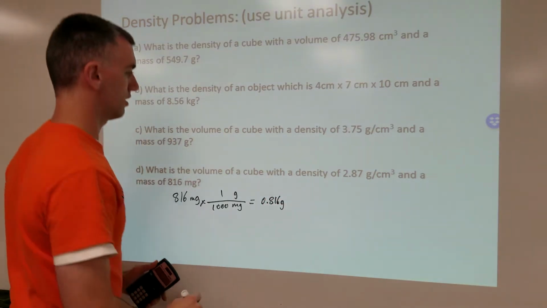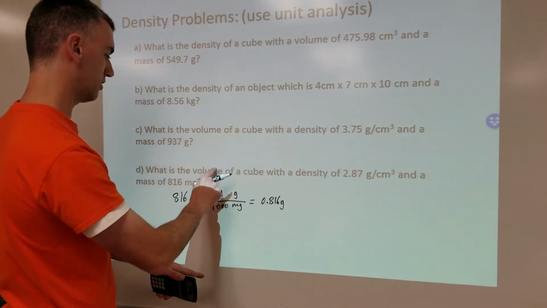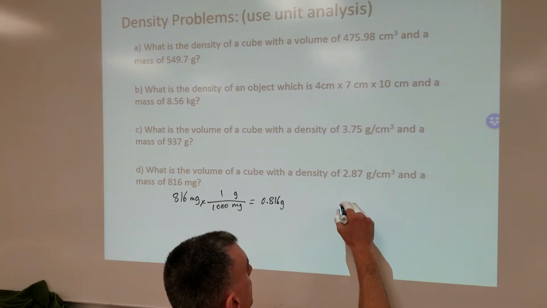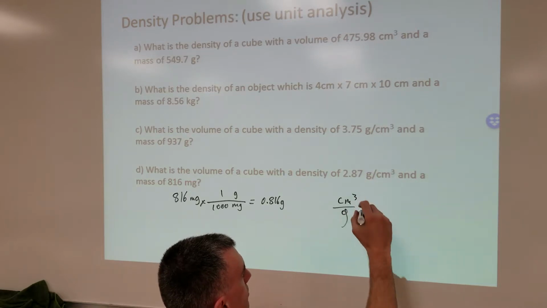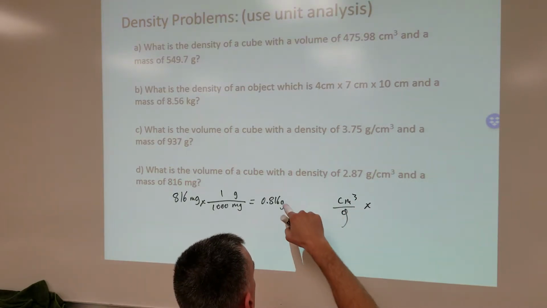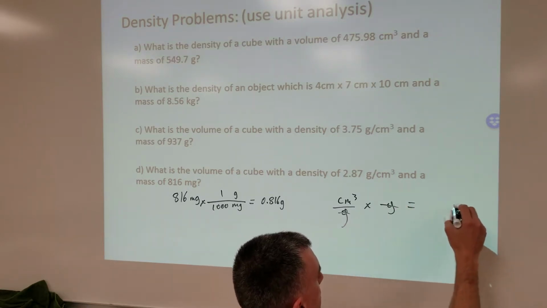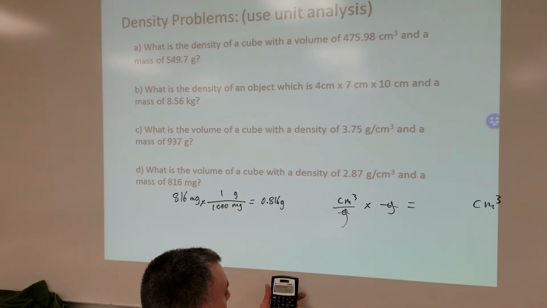So I'm going to take my grams and do something with this to get me the volume. I'm going to take centimeters cubed per gram, flipping this upside down, times the number of grams. That way grams cancel grams to give centimeters cubed, which is the volume that it's asking for.